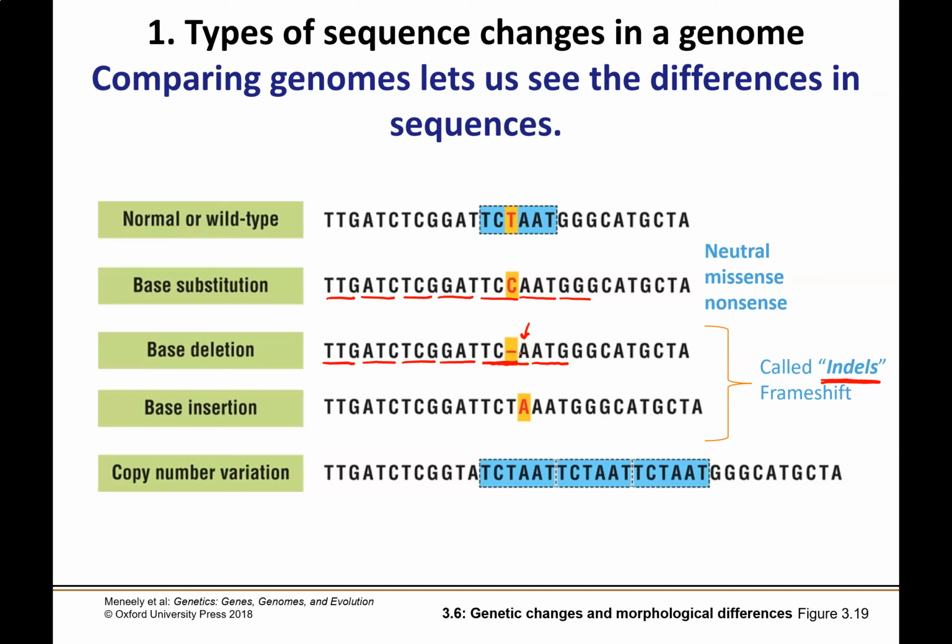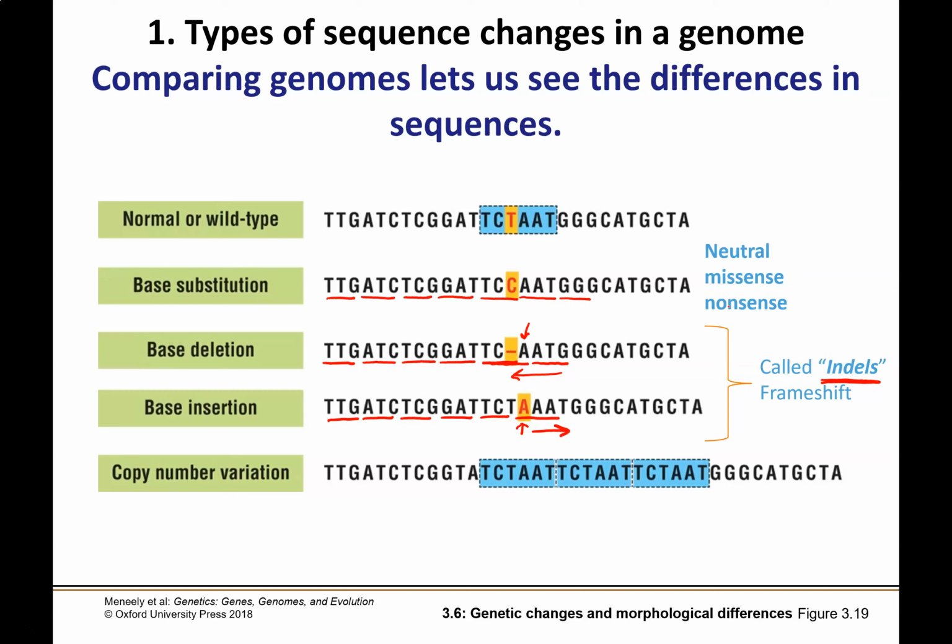Now we can shift it backwards, so this would be a shift backwards due to a deletion, or we can shift it forward. If we introduce a base, we can shift it the other way. So either way, we are changing the entire amino acid sequence past where we are producing our indel. Now, this is going to lead to a whole bunch of missense for sure.